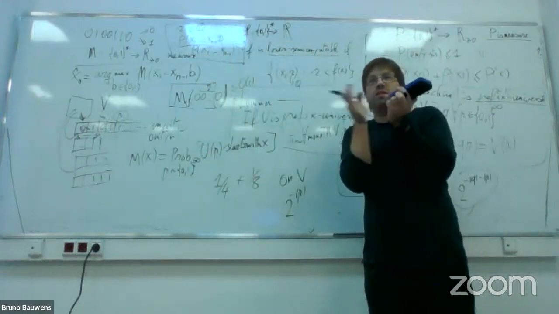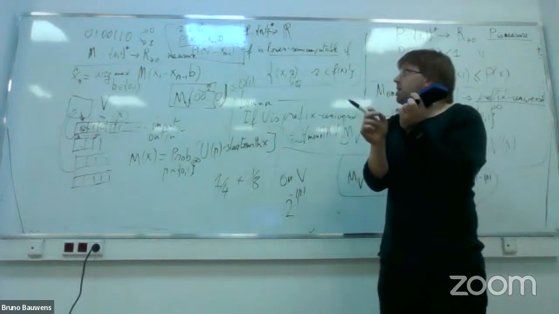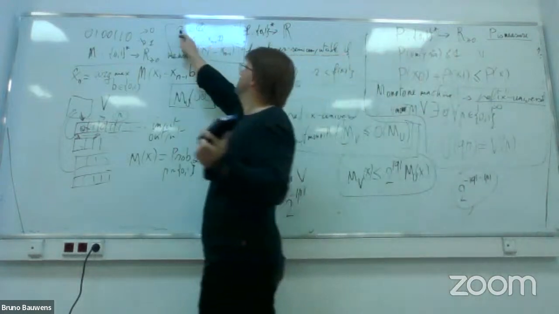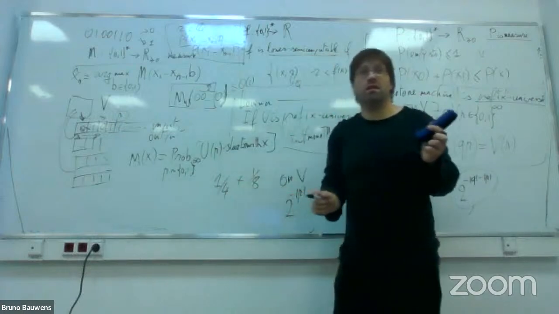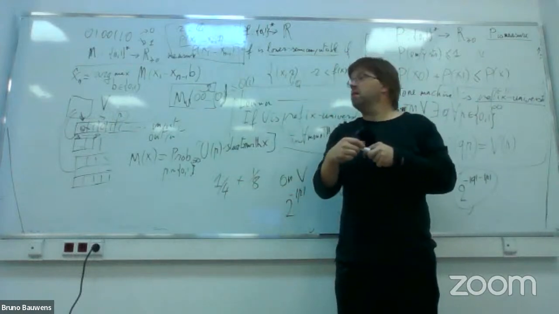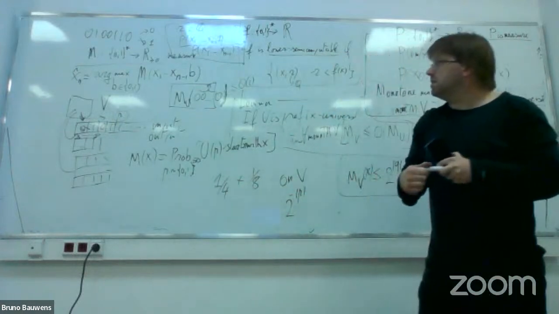Each next bit is equal to 1 with the same probability R, and R is rational.